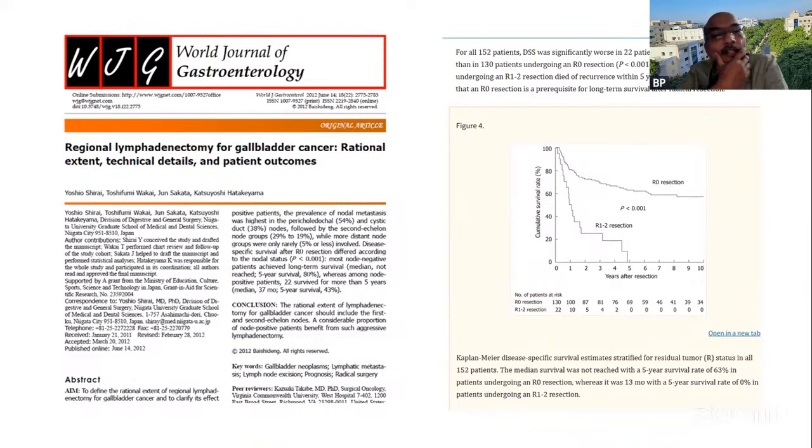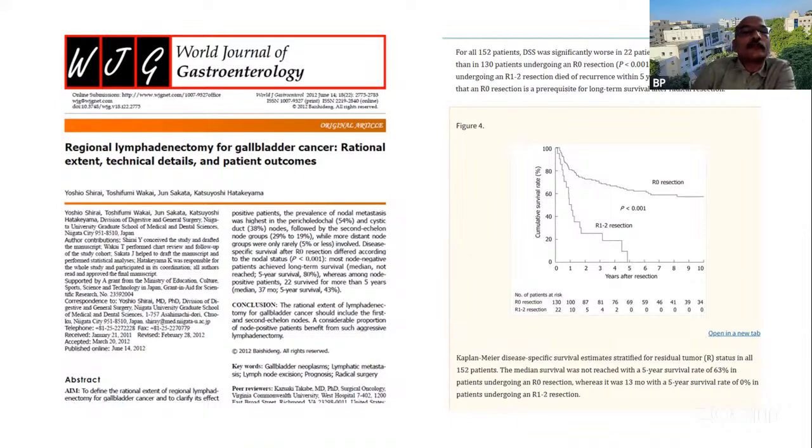Now, when we do an aggressive resection, on the T front as well as the regional lymphadenectomy front, we have enough evidence from the last 25 years to show that once you achieve R0, only then is there a point in aggressive resection. If you doubt that R0 resection can be achieved, there is no point in proceeding with aggressive resection, even if the dependence is on chemo and RT.